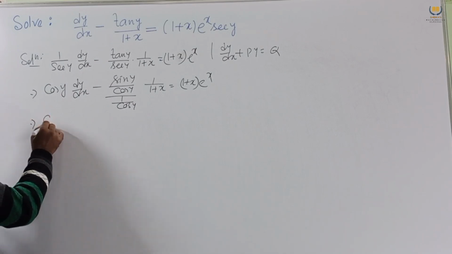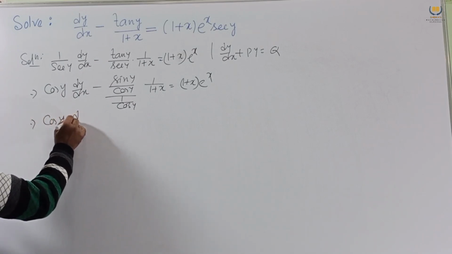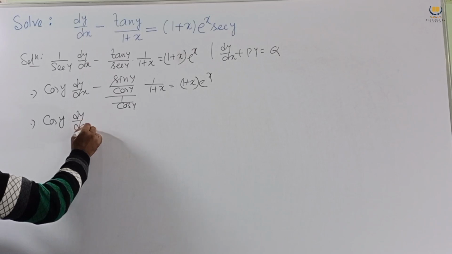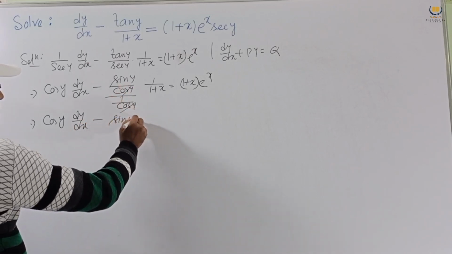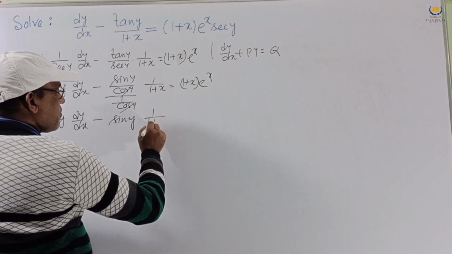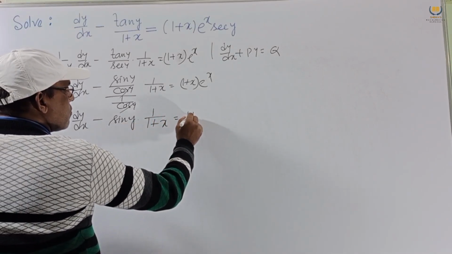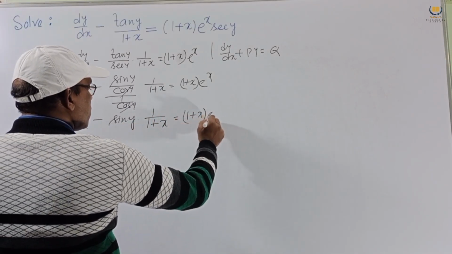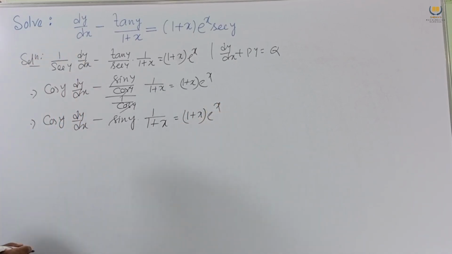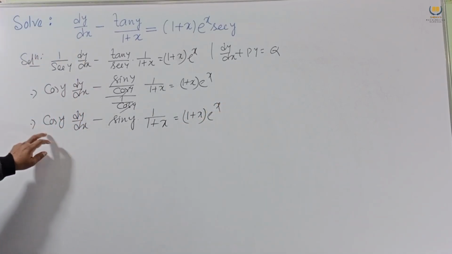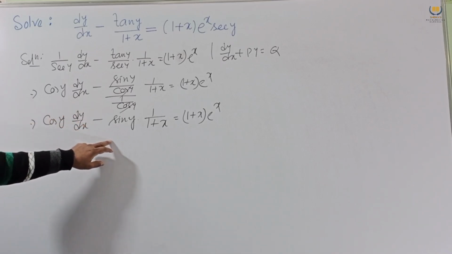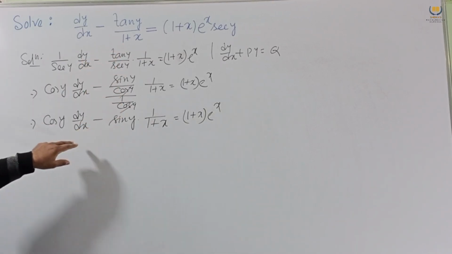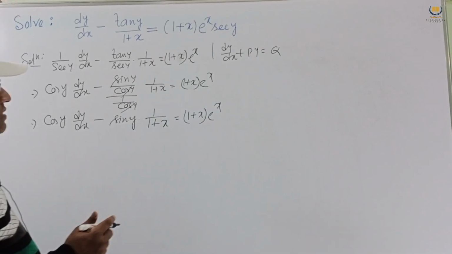So this is cos y dy/dx, the cos cancels, giving sin y times 1 by (1 plus x) equals (1 plus x) e to the power x. Obviously this is a Bernoulli differential equation. Now we convert it into a linear differential equation.